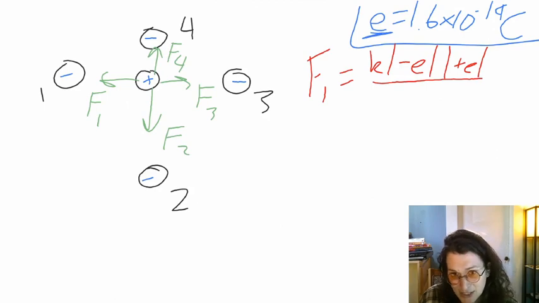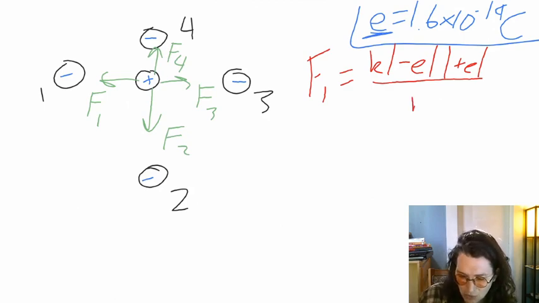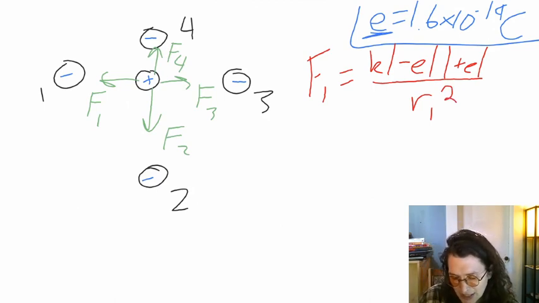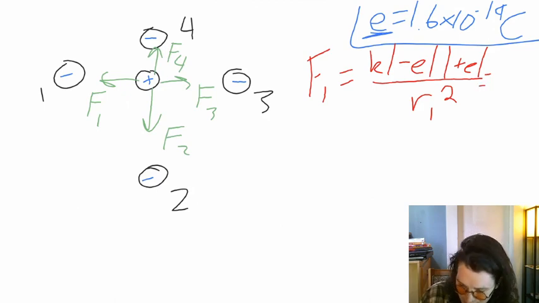And then on the bottom, I have the distance from the center particle out to particle 1, so I am going to write this as R1 squared. The reason I'm doing it as R is just to remind myself that we have a variable location there. Okay, we'll come back to that though. But simplifying, I have KE squared on the top, and on the bottom, I just have R1 squared.